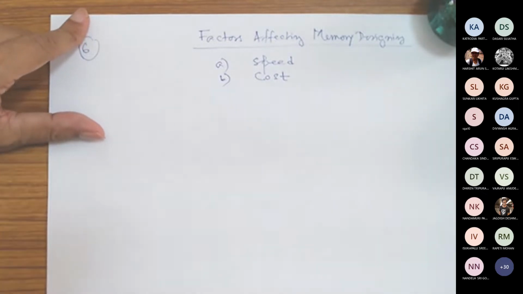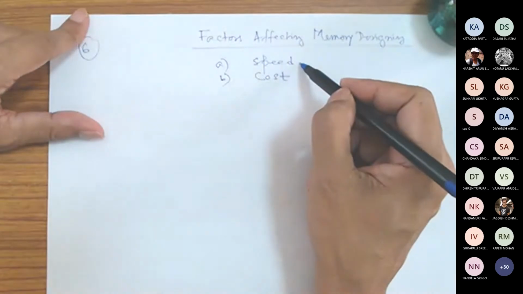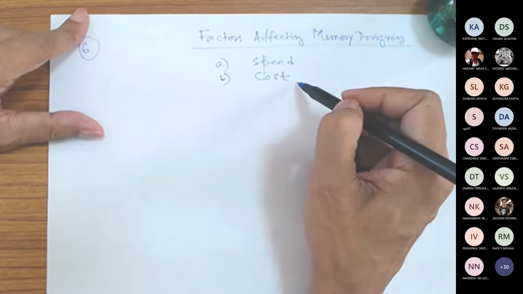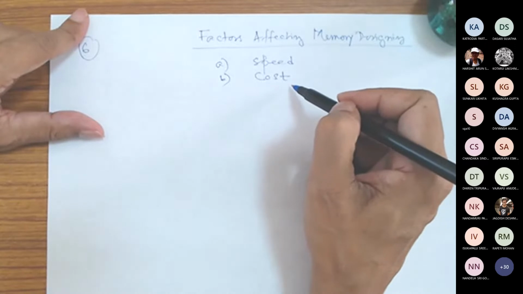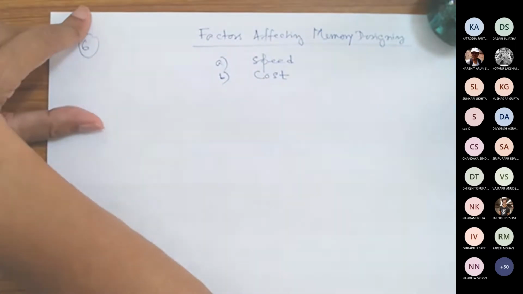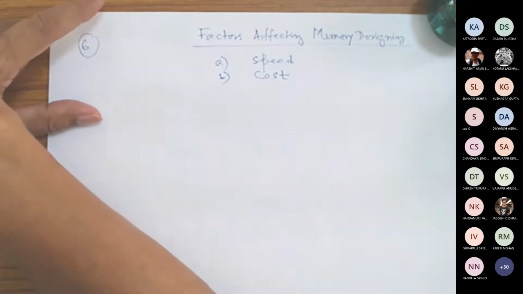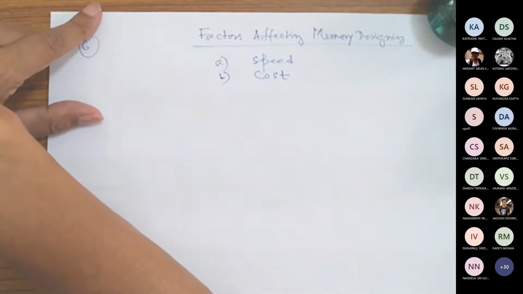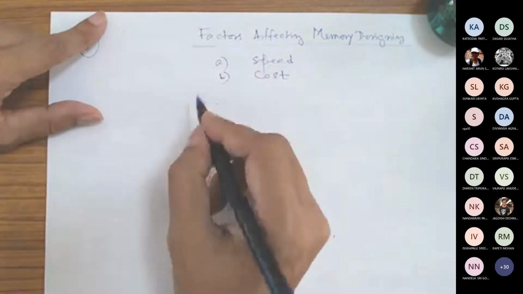If you increase the speed, the cost will be very high. If you decrease the cost, the speed will be very low. We need to come up with a balance. Another feature of memory designing is that these memory locations are all random access memory.